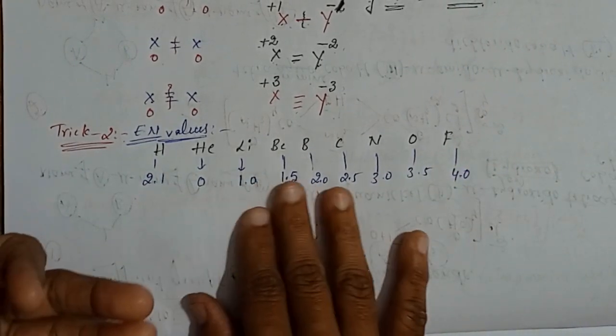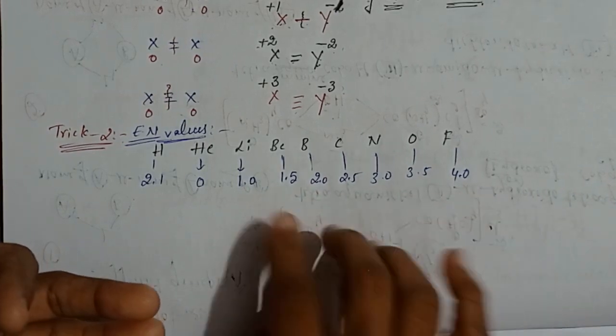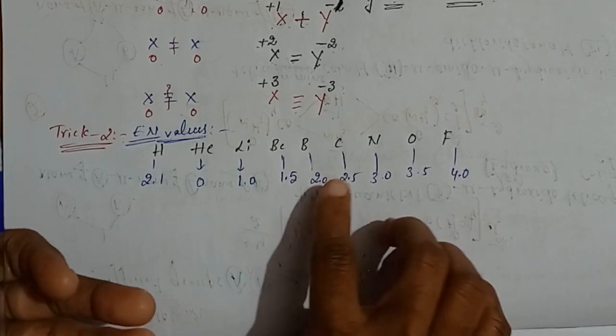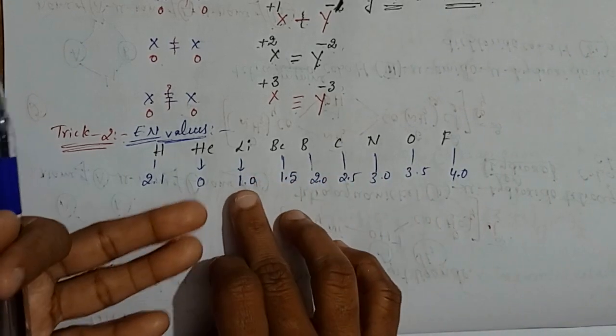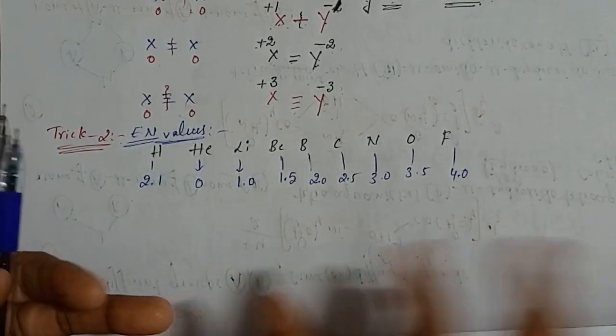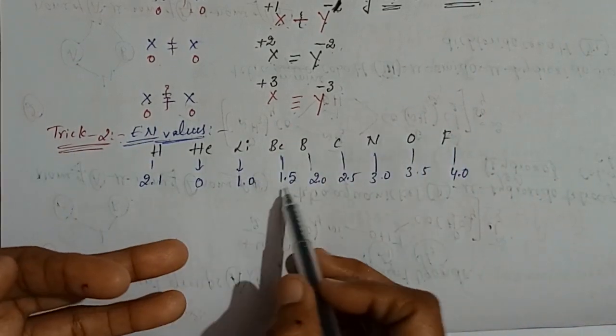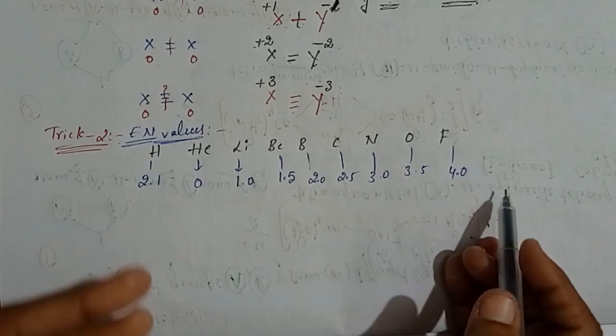That means you just have to add 0.5 each time: 1.5 plus 0.5 is 2.0, 2 plus 0.5 is 2.5. Just add a difference of 0.5, and you will get all these values.